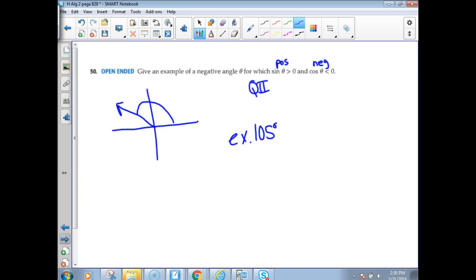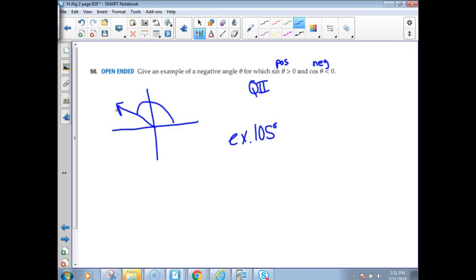Any example that you give me, what it means here is if the sine of theta is greater than 0, it means it's positive. And this would mean the cosine is negative. Now, all of them are positive in quadrant 1, so that won't work. Sine is positive in this quadrant, but cosine's not.